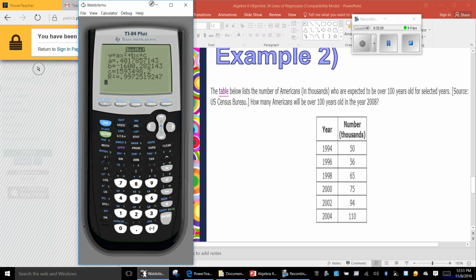Help me out. What's the square root of 0.9972519? Let's put it in our calculator and figure it out. What's the square root of 0.9972519?